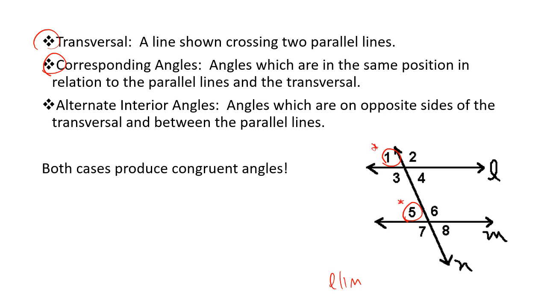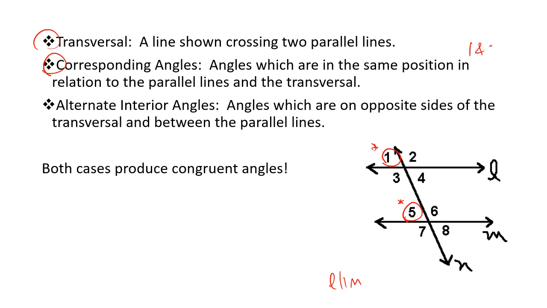They're both in this position in relation to the parallel line and the transversal. One way to think about it would be if you moved L and slid it down to where it was on top of M, 1 and 5 would be in the exact same position. 1 and 5 would both be in that upper left position. So we would say that 1 and 5 are corresponding.